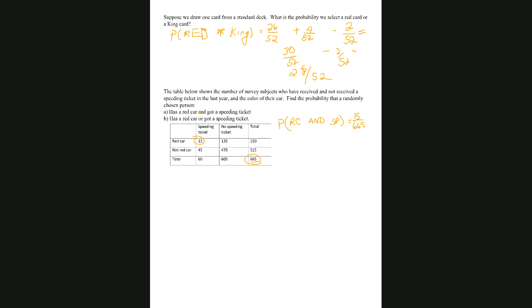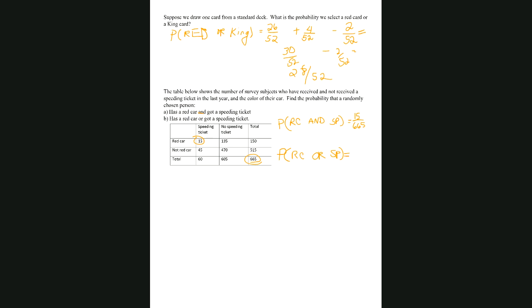All right, now part B says, let's say we want to know the probability that a person has a red car or got a speeding ticket. So now here, let's use the formula. What's the probability that somebody has a red car?